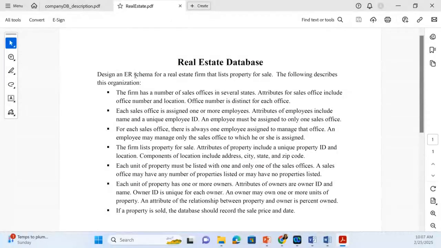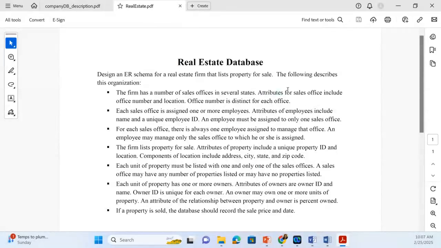We want to design an ER schema for a real estate form that lists property for sale. The following describes this organization. The form has a number of sales offices in several states. This gives you a hint: attributes for sales office include office number and location. Office number is distinct for each office.